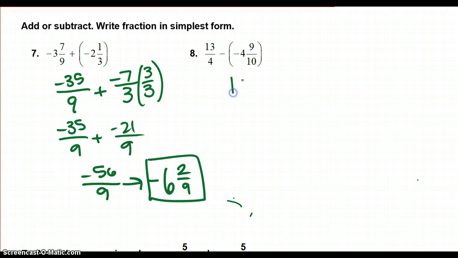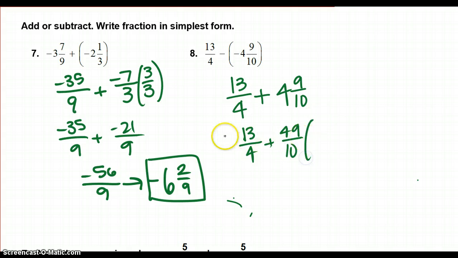Number 8, subtraction problem. I need to change it to an addition problem, so I keep and add the opposite. Okay, keep, add, opposite. And change this to an improper fraction, which is 49 over 10. My common denominator is going to be 20, so I need to multiply this by 2 over 2, and this fraction by 5 over 5.